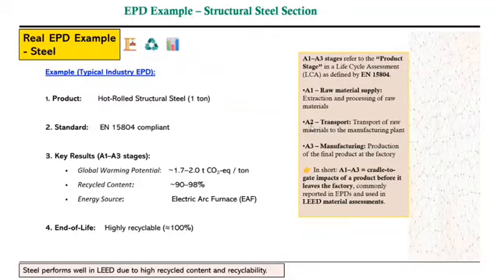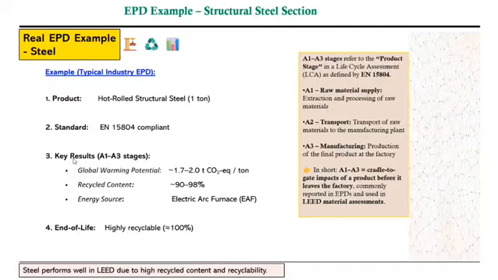The next stage is A2, which is transport, meaning transport of raw materials to the manufacturing plant. And A3 is manufacturing, which is production of the final product at the factory. In short, A1 to A3 is the cradle-to-gate impacts of the product before it leaves the factory, which is commonly reported in EPDs and used in LEED material assessments.